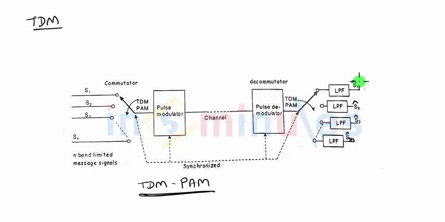Nevertheless, if we have followed the sampling theorem perfectly, in that case we will be able to get the closest approximation of the original modulating signal without any major loss of information. So that's the TDM system. Let's quickly go through the bandwidth requirement in this particular system.